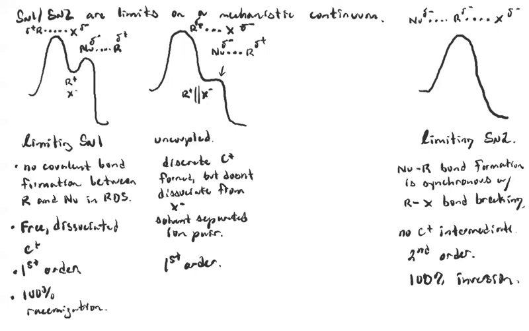And the key with this is that because the lifetime is shorter, you actually start to see some inversion of stereochemistry. So you don't get pure racemization, you get some inversion.